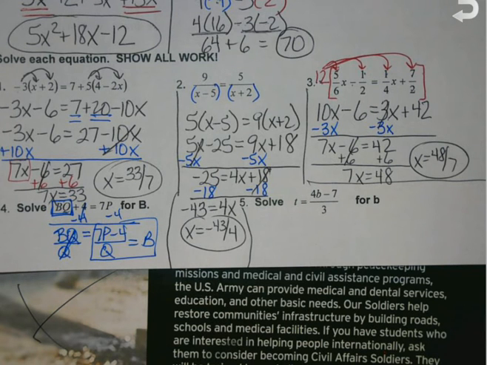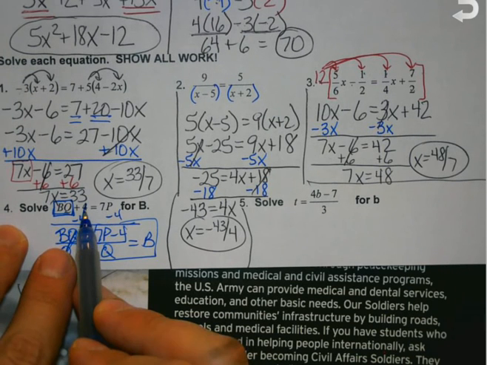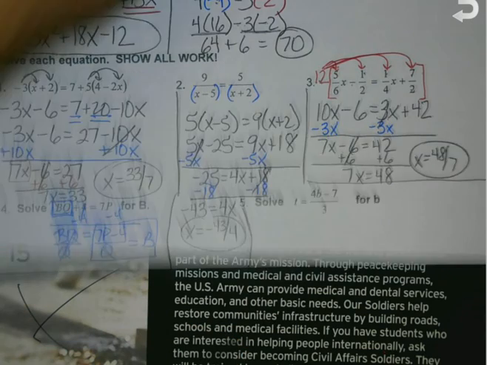Now, here'd be my dilemma. If I divided right away by the q, I'd also have to be dividing this 4 by q. So that would change things a little bit.